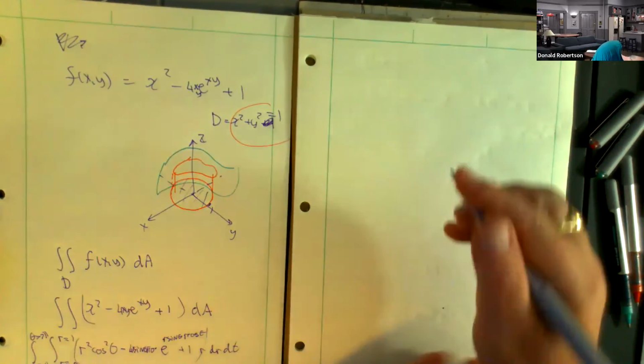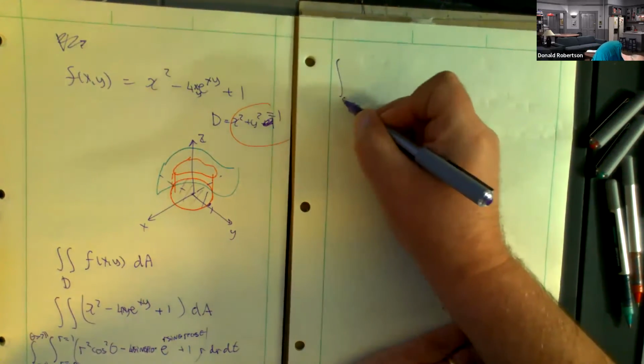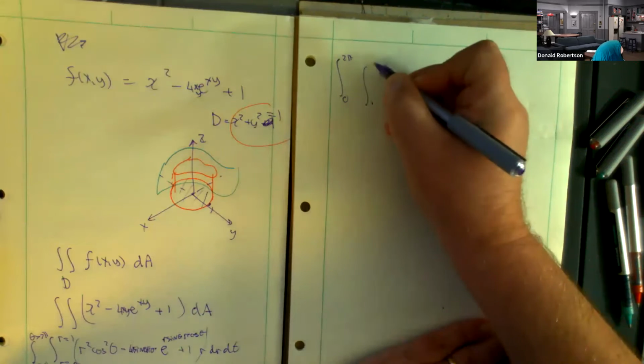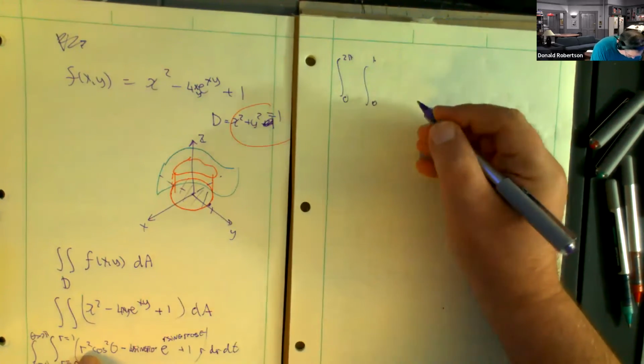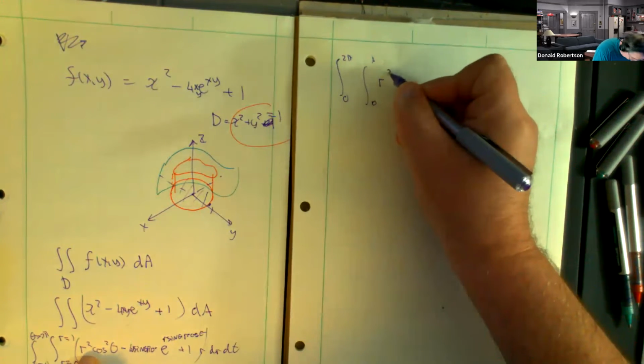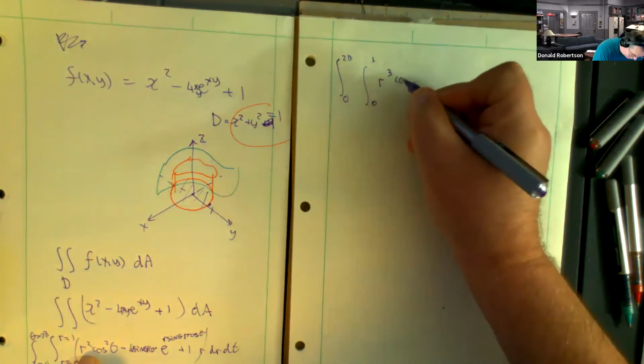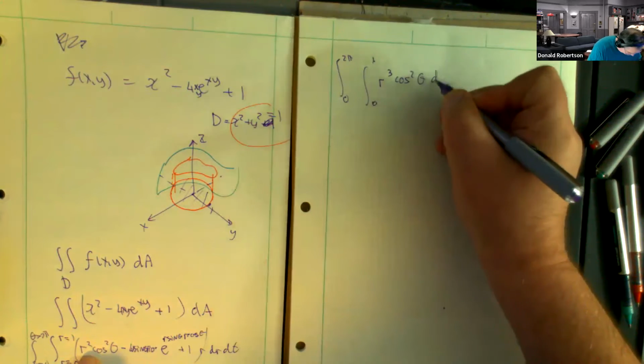So basically you're going to find the integral from 0 to 2 pi and from 0 to 1 of this guy, which is r cubed cos theta d theta.